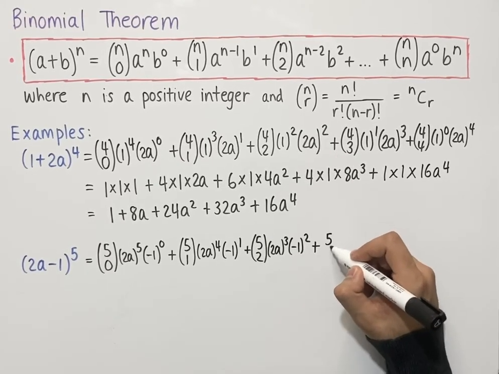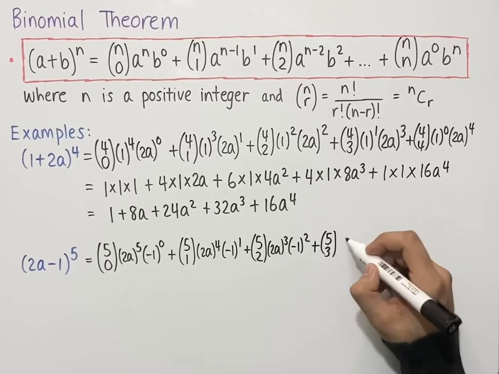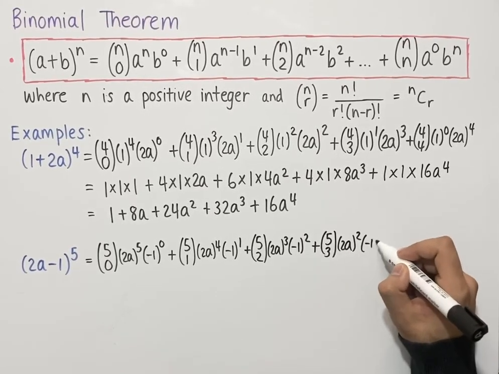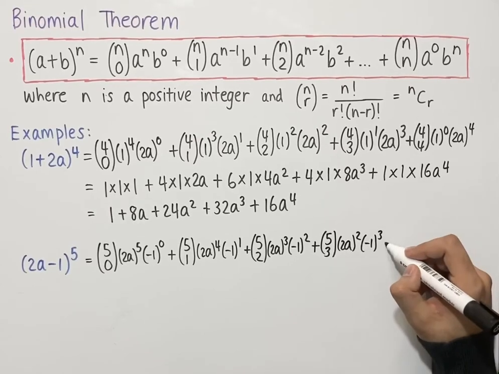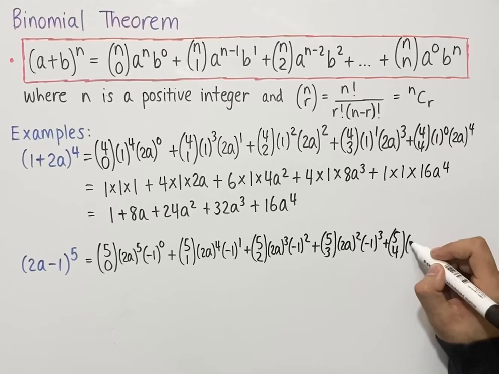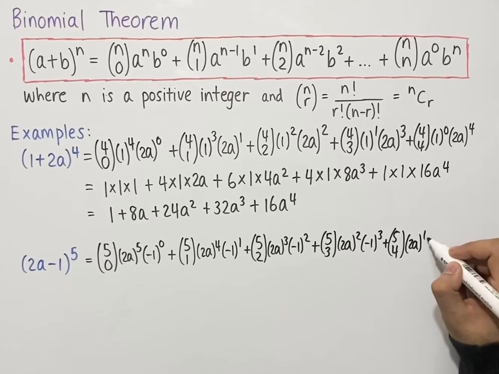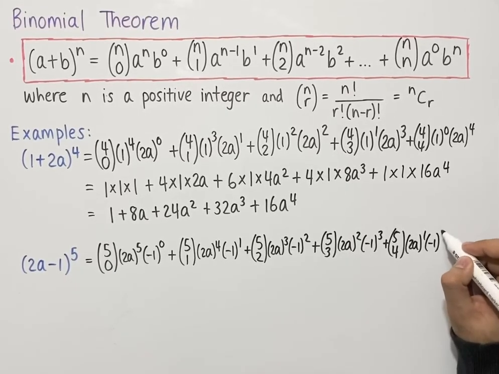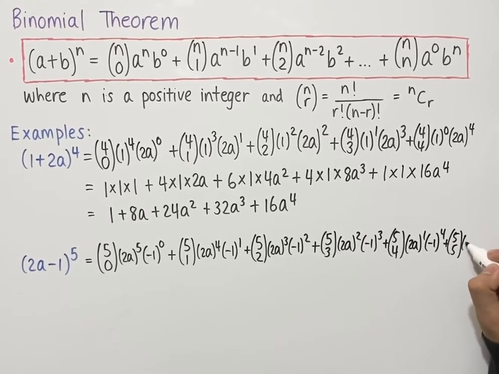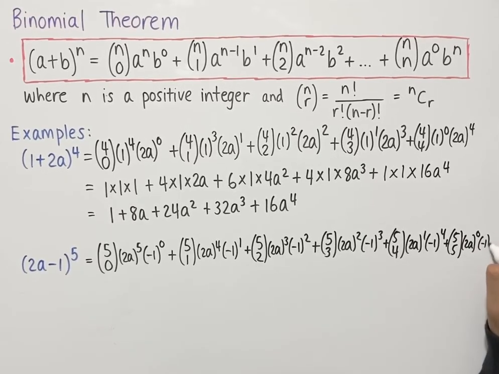Next term is 5 choose 3, multiplied by 2a to the power of 2, minus 1 to the power of 3. Next term is 5 choose 4, multiplied by 2a to the power of 1, minus 1 to the power of 4. And the last term here is 5 choose 5, multiplied by 2a to the power of 0, multiplied by minus 1 to the power of 5.